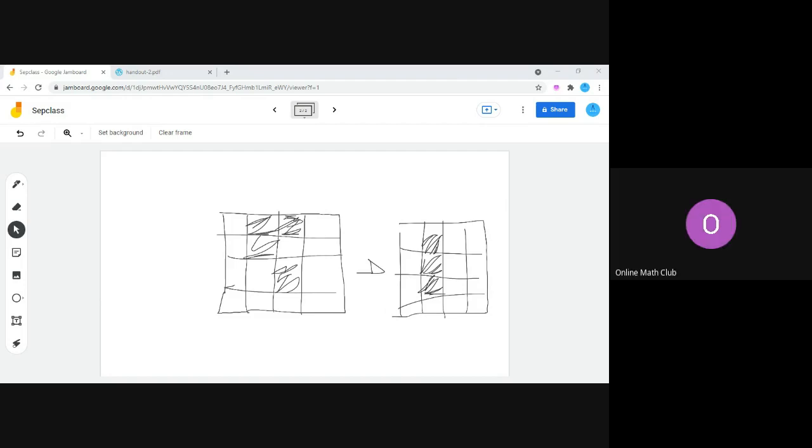What I wrote on the board is just one example. Basically, a block is colored if two out of the three blocks in this part, so two out of three in that part, were colored in the previous round.